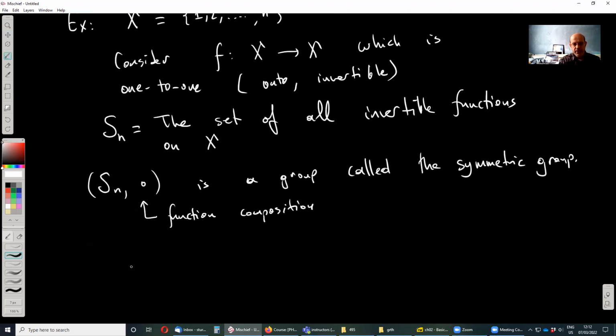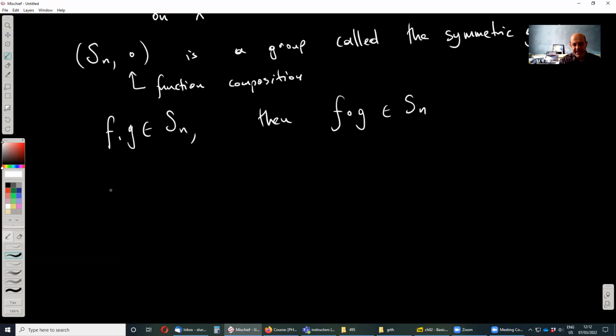So what's this function composition in here? Let's say it like this: if f and g are functions, then f of g is also a function, which is basically invertible. You know that g is a map from x to x, and f is a map from x to x.